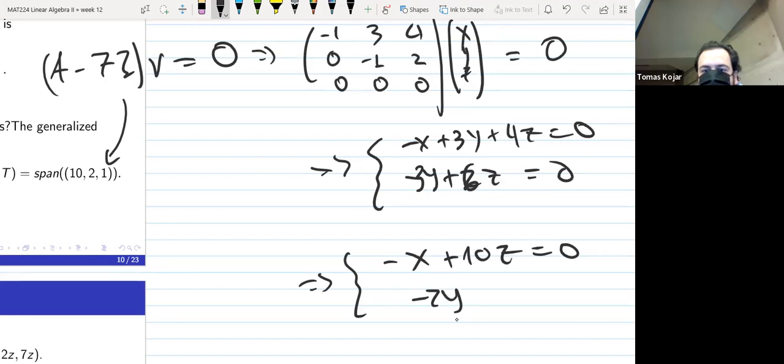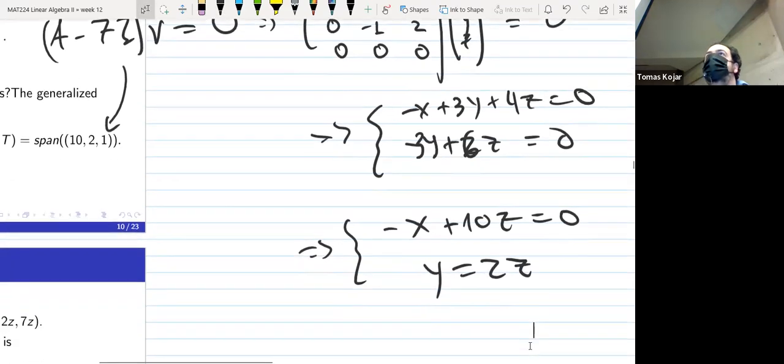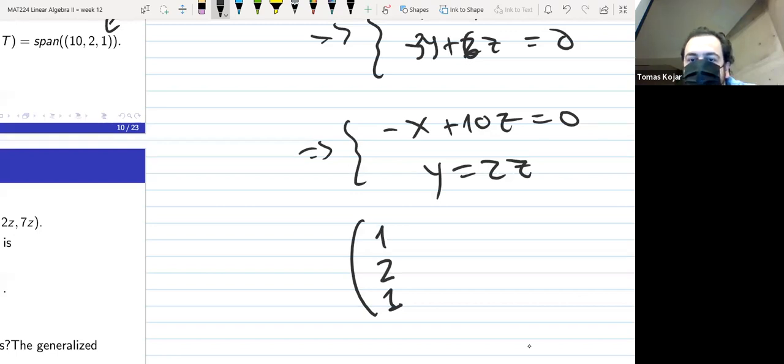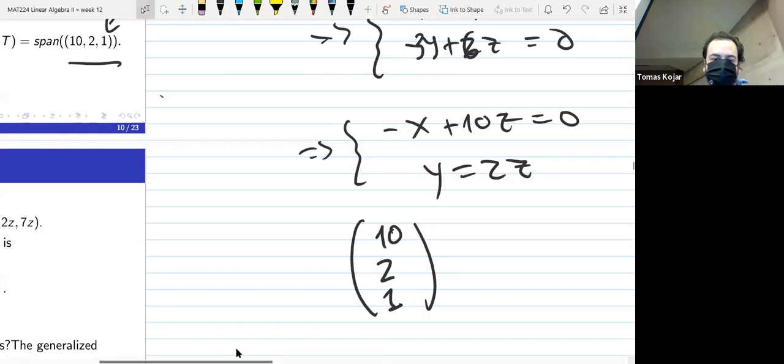It was minus 2. But I just want to isolate. So it's y equals 2z. So you have a free variable, okay? So you have 1, 2, and 10, which is what we have. Okay, that's it. If you have a question, just tell me.